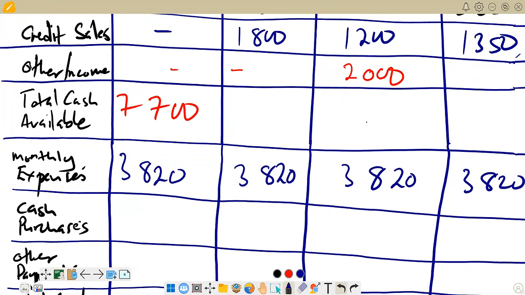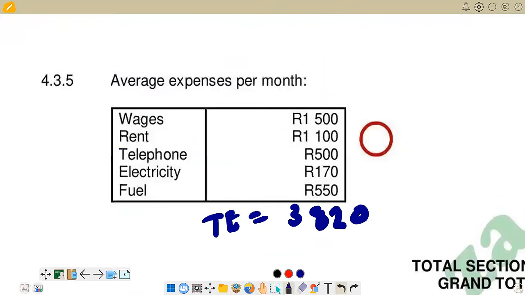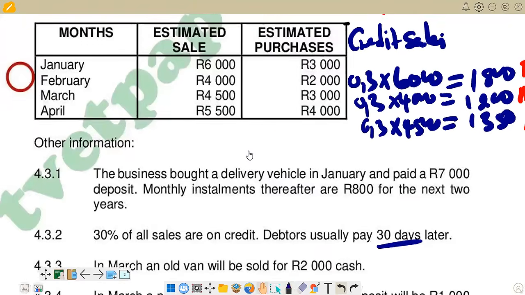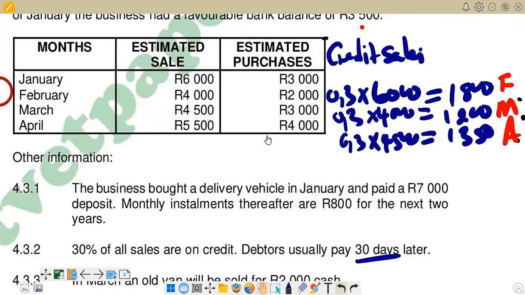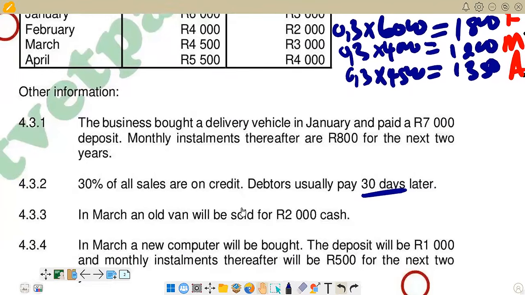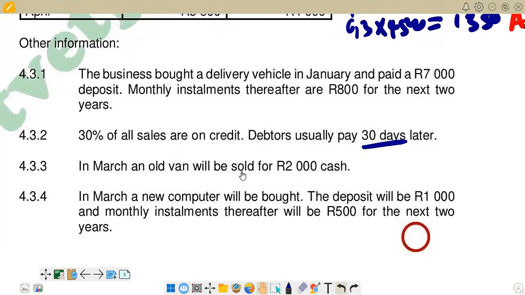Then beneath that, we have got cash purchases. So we go there and try to see. Remember, we are given those balances at the beginning of the question. We've got estimated purchases that are given: 3,000, 2,000, 3,000, 4,000. Then we go beneath that on additional information to see whether we've got anything explaining about credit purchases or cash purchases, like what we did on sales.